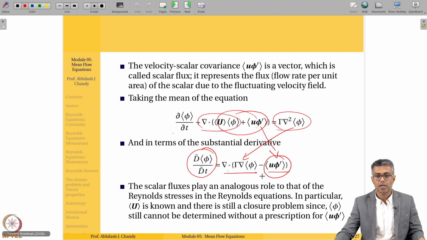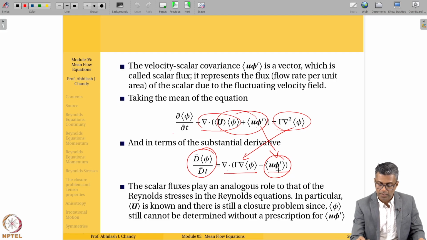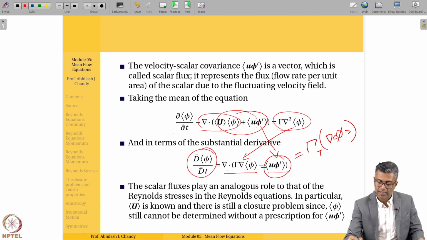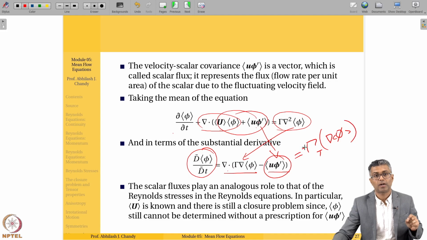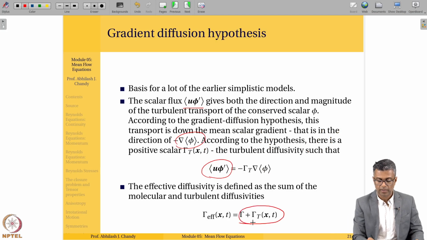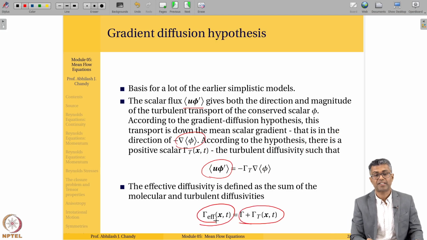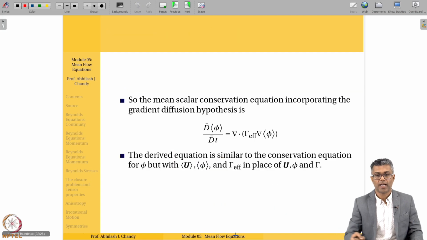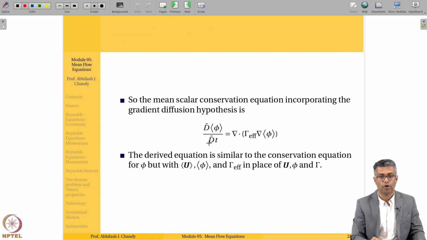Now, if you replace this with turbulent diffusivity times del phi mean and put that in here, and this was negative, then you combine your diffusivity and turbulent diffusivity together into one big effective diffusivity. You can write your mean scalar equation in this form.